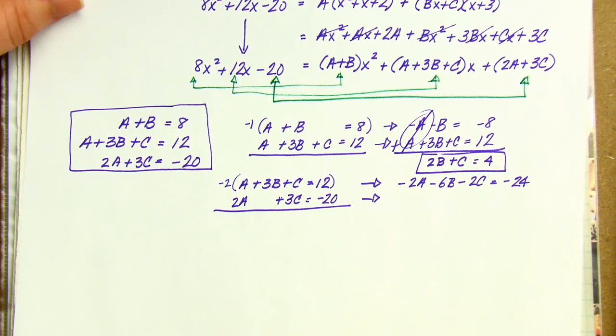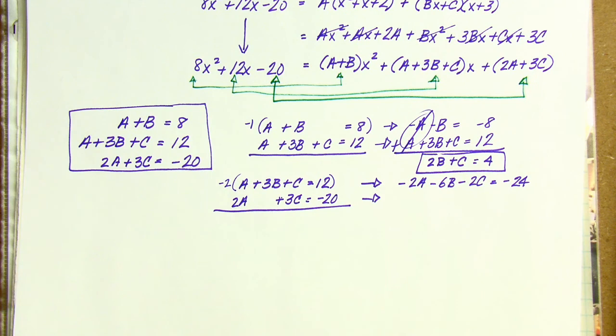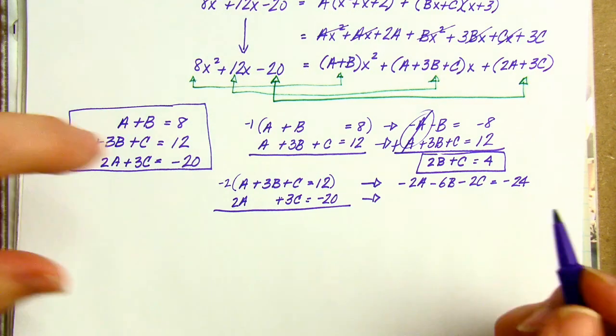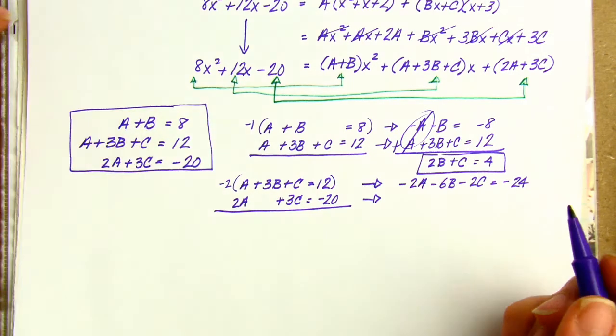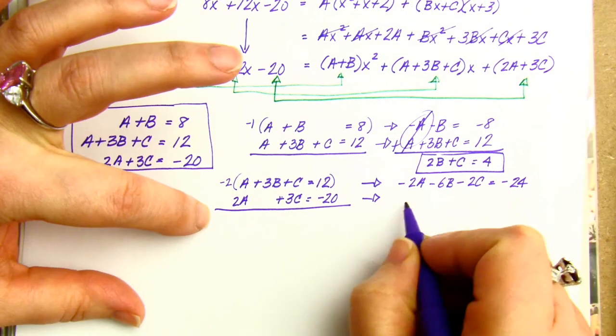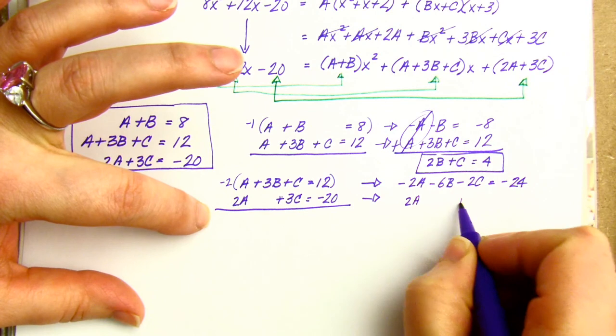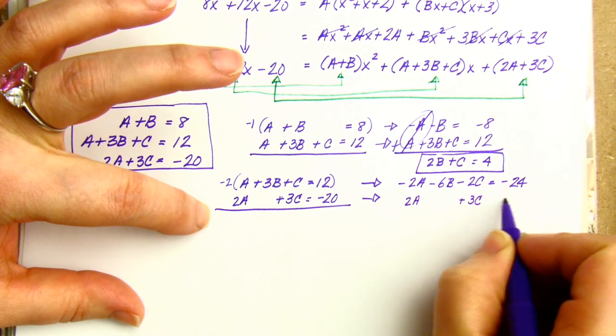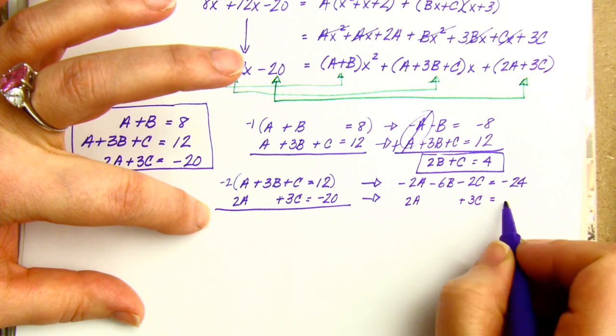Okay, so again, I knew I could get a pair of opposites with a by multiplying by negative 2. This equation is not going to change, so I got 2a plus 3c equals negative 20.